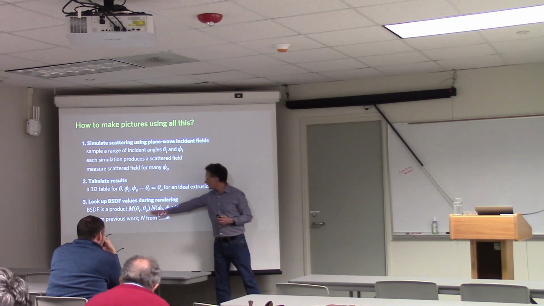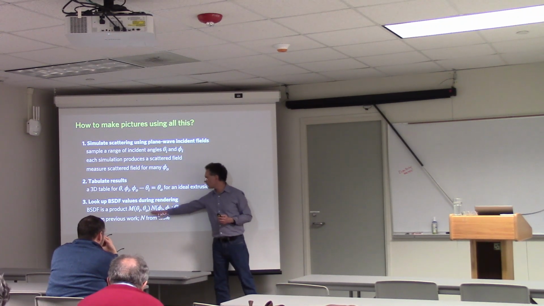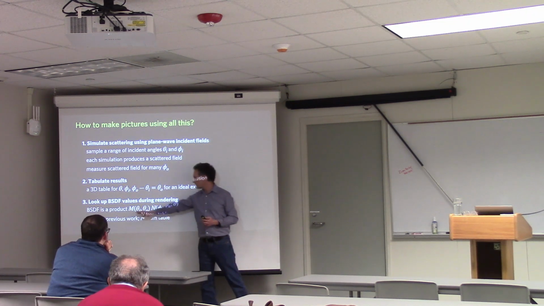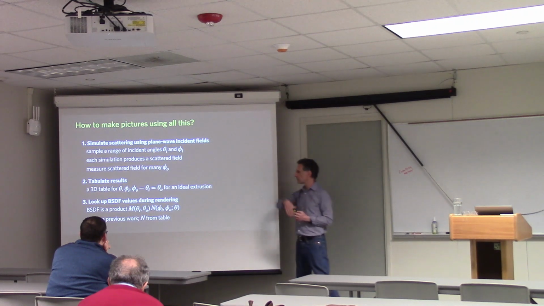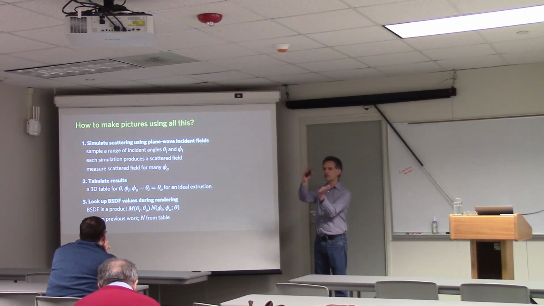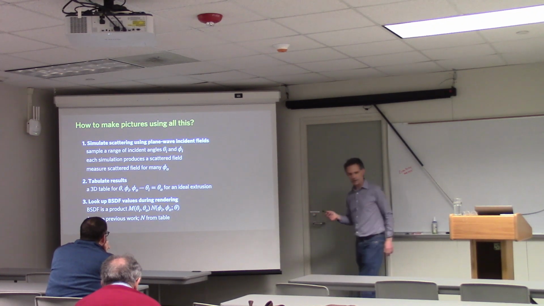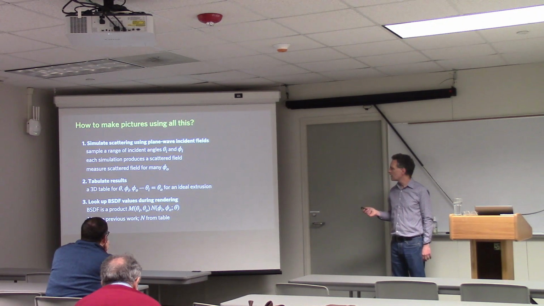I use the table for the azimuthal component, the part that is a function of the azimuthal angles, and I fall back on previous work for the component that's a function of the longitudinal angle, the thing that tells me how much light spreads across the cone. And that gives me a way to make pictures.